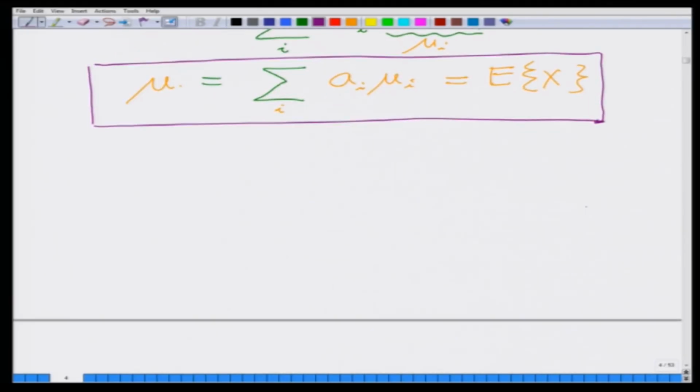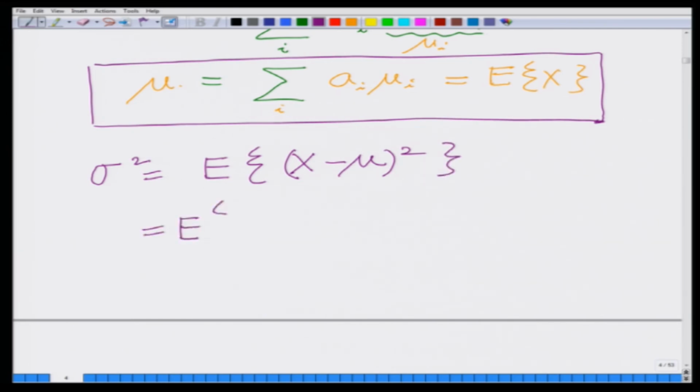The variance is sigma square, that is the expected value of x minus mu whole square. This is the variance, which is equal to, now let us substitute the expression for x. Expression for x is summation over i of ai xi minus summation over i of ai, the mean, remember mean is ai mu i.